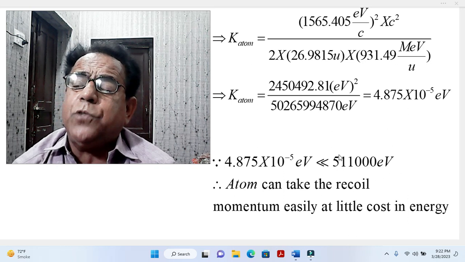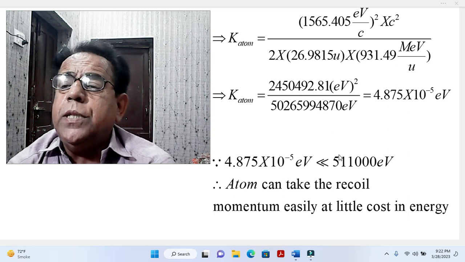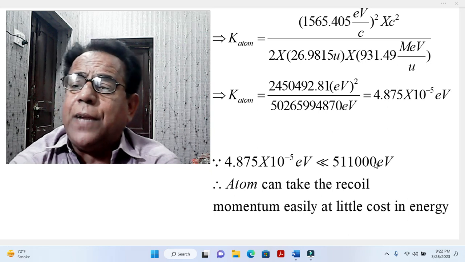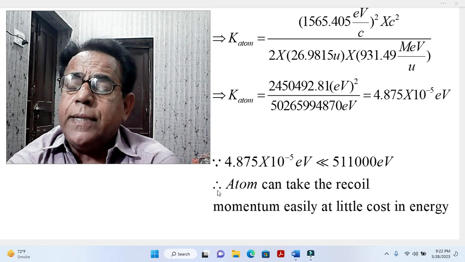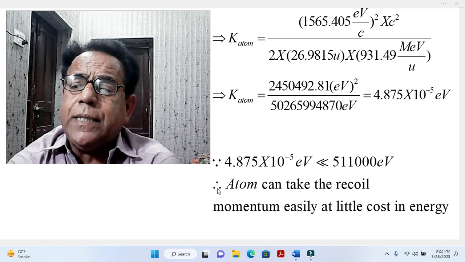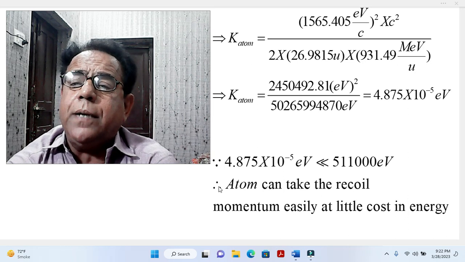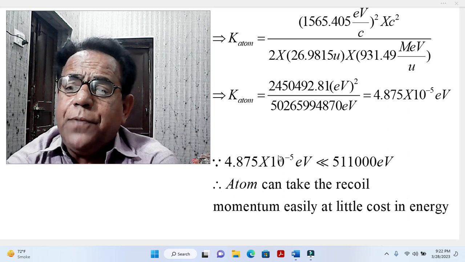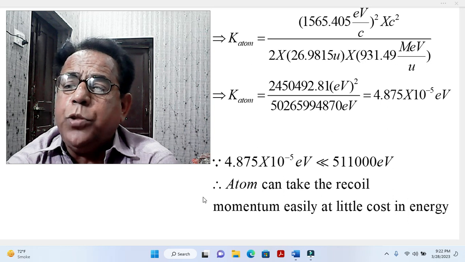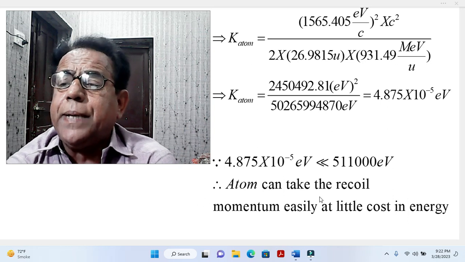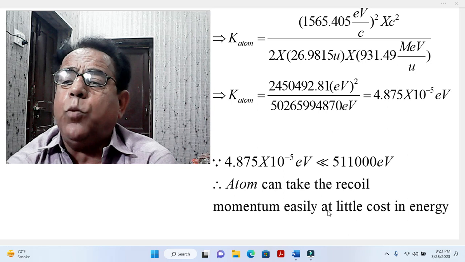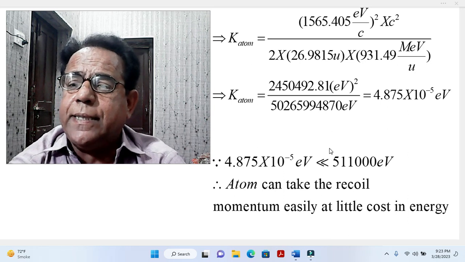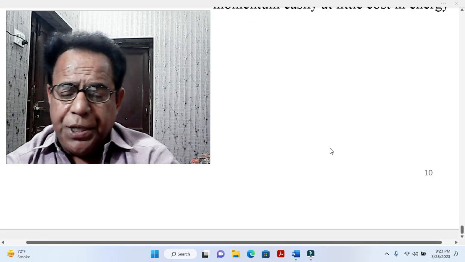The symbol in which the third dot is above denotes therefore. Because this value is very much less than that value, therefore the atom can take the recoil momentum easily at little cost in energy. This is the final opinion about our problem.